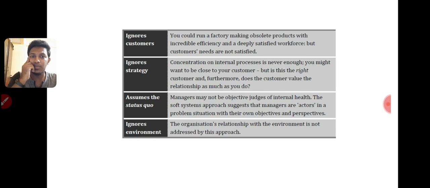The internal approach ignores the customer, ignores strategy, assumes the status quo, and ignores the environment. For example, bottled drinking water companies take water from the land.